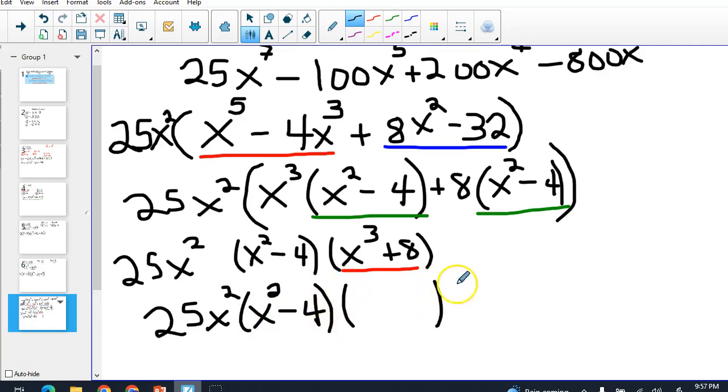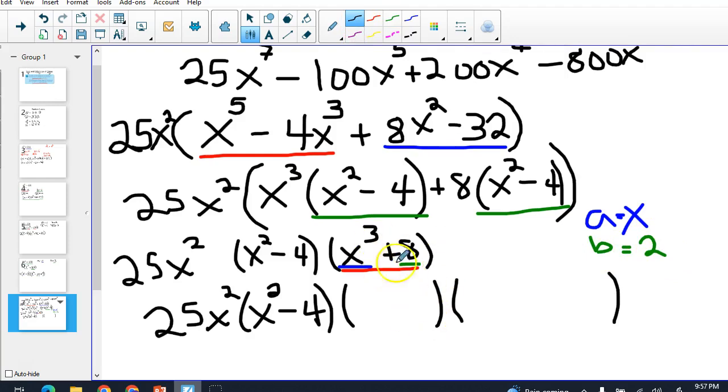And our sum of cubes is going to have our two terms. Let's find what our a and our b are. So our a is going to be equal to the cube root of x to the 3rd power, which is x. And our b is going to be the cube root of 8. It's going to be 2.